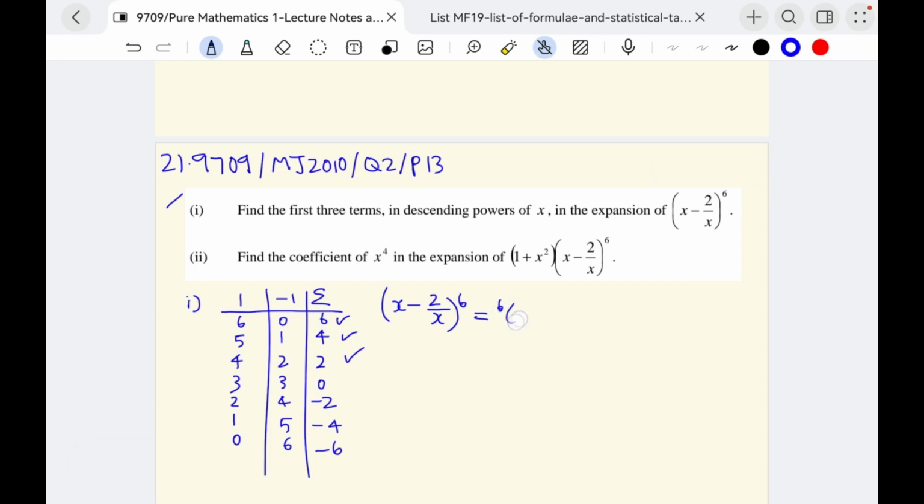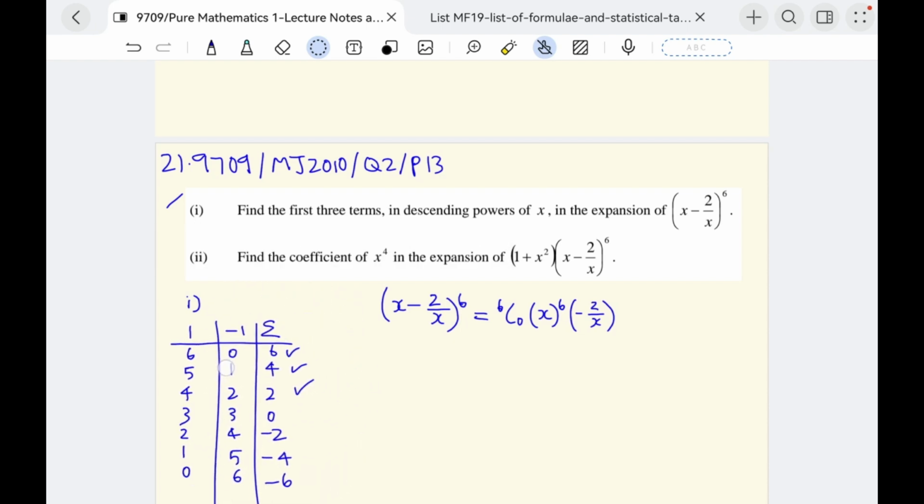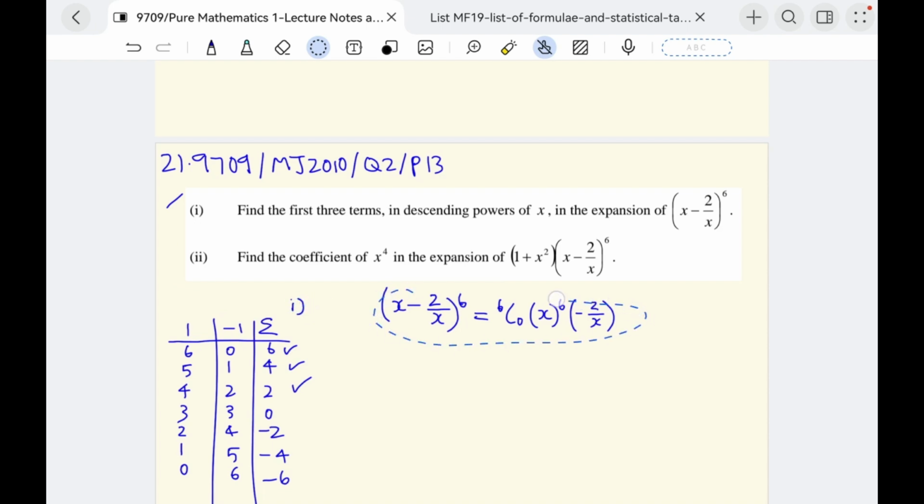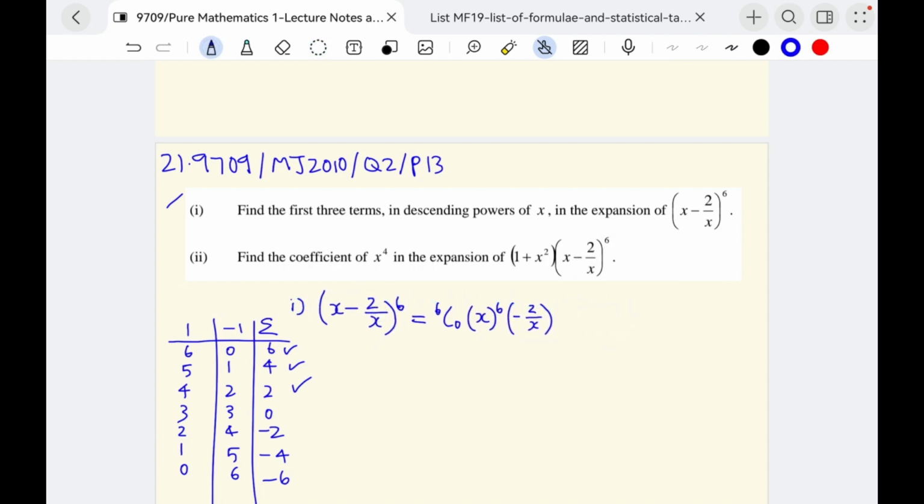So 6C0 x to the power of 6, minus 2 over x to the power of 0, plus 6C1 x to the power of 5, minus 2 over x to the power of 1, plus 6C2 x to the power of 4 times minus 2 over x bracket to the power of 2 and so on.